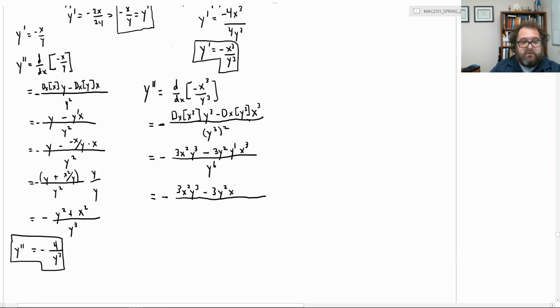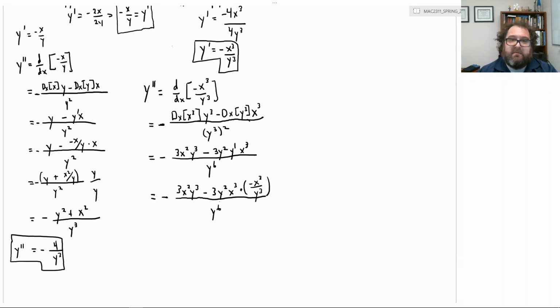I'm going to put the x cubed over a little bit, so that we don't have a fraction in the middle of those factors. So y squared x cubed times y prime. What's y prime? Y prime is negative x cubed over y cubed, over y to the 6th. So we have now written our second derivative in terms of x and y only.